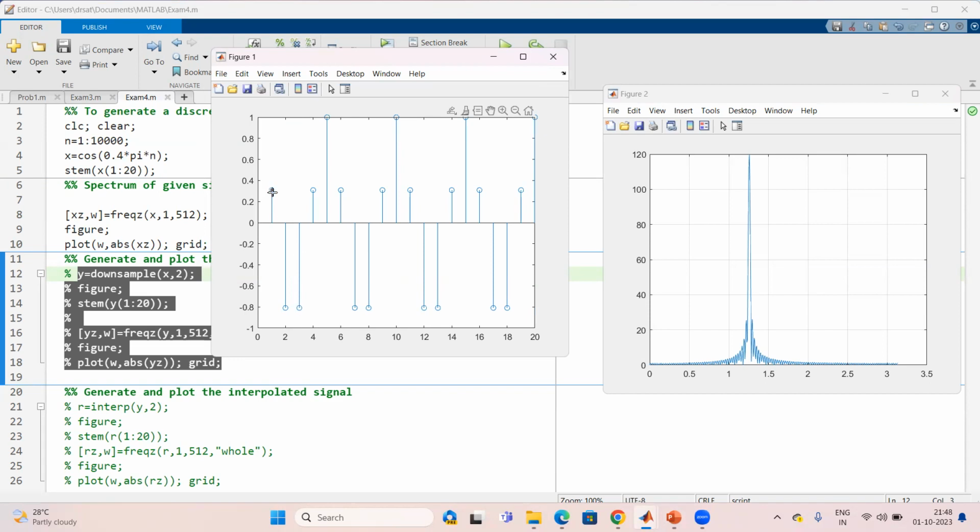This is our first sample, and its value is 0.309. After 1, 2, 3, 4, the fifth sample is again the same sample, with the same magnitude.